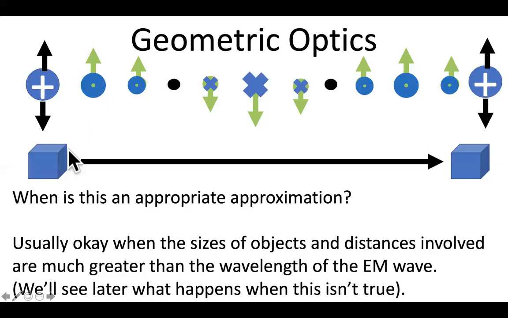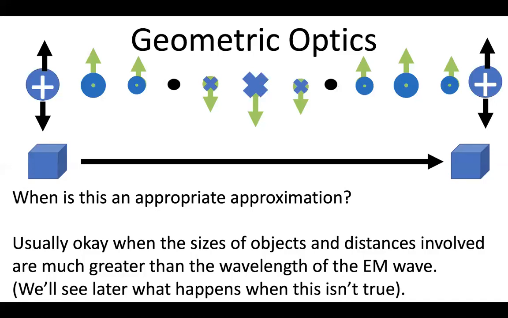You can't just think of light as traveling along straight lines between two points. We'll consider those scenarios at the end of this section. But for now, it's a decent approximation.